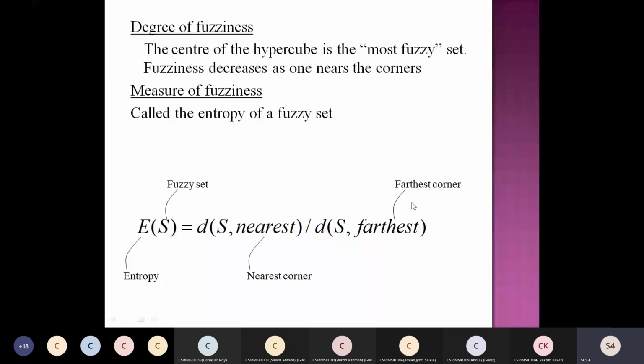Then we have some terms: degree of fuzziness. Before that, I want to know from you what you mean by the degree of a set. Can anybody answer this question? Without that, I can't discuss this.